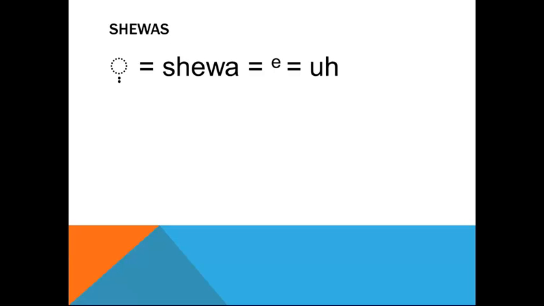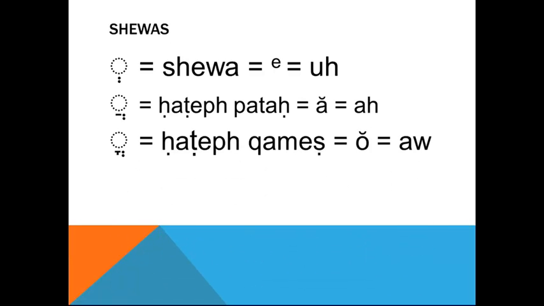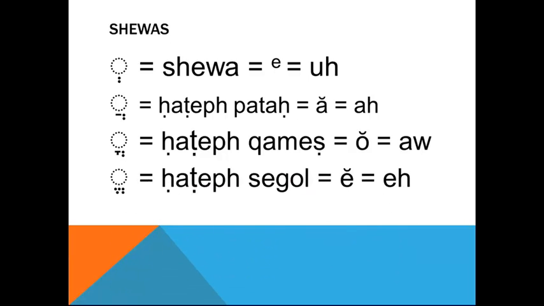Now there are also some compound Shivas. They're all vocal. So there is the katef patak, the katef kamates, and the katef sagol. These are compound Shivas because they are a Shiva with one of the other vowels that I've mentioned. So the katef patak is a Shiva with a patak.